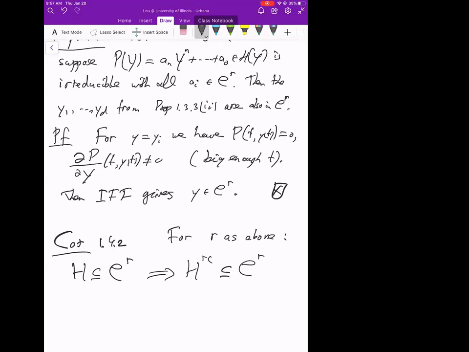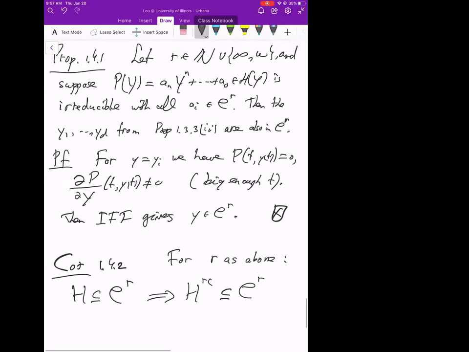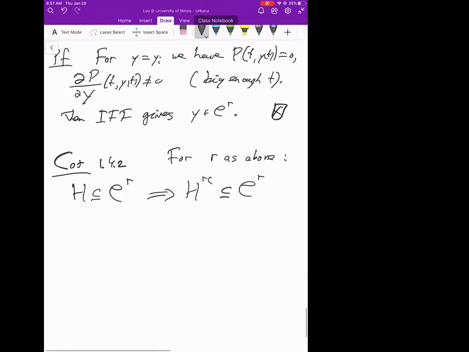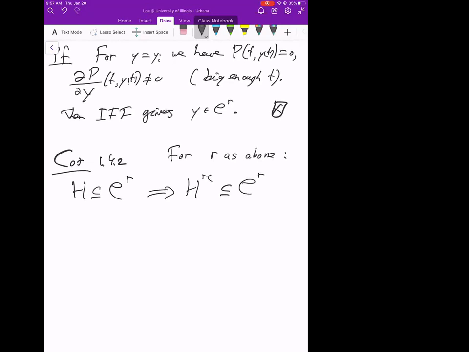The way we constructed HRC by adjoining solutions of these irreducible equations all the time, this being in CR is preserved. Okay.